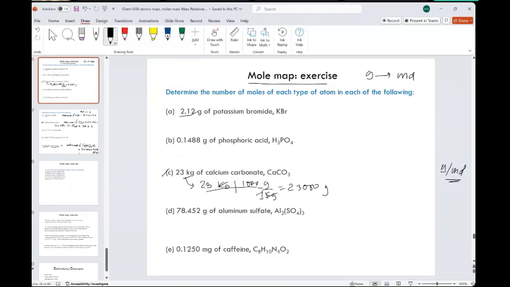Need to convert this in gram, and then you have molar mass, and then you can divide by this. Likewise, here you have given number E in milligram. Milligram is smaller than gram, but we first need to convert this milligram to gram. So I'll leave it for you to solve.